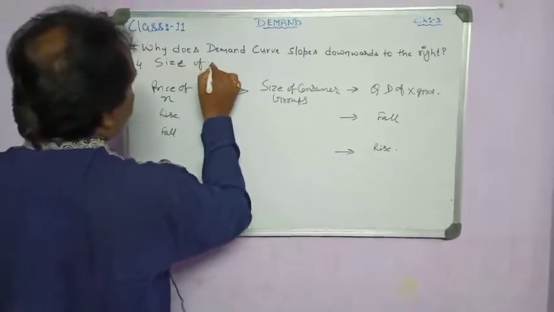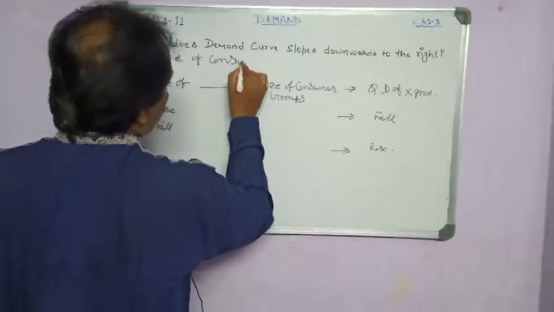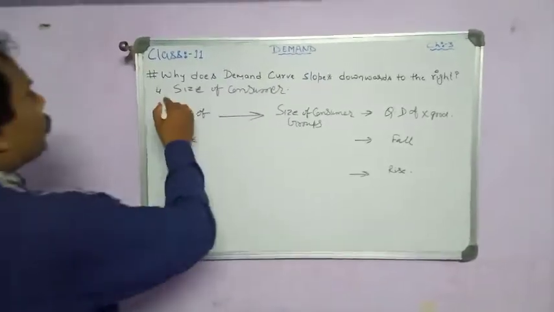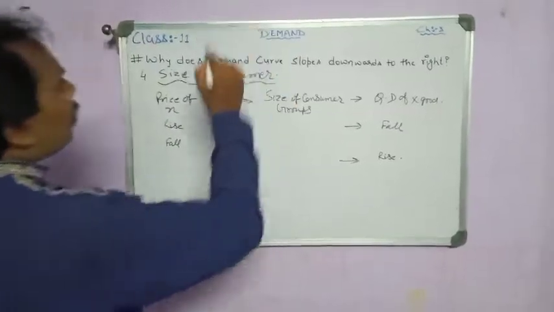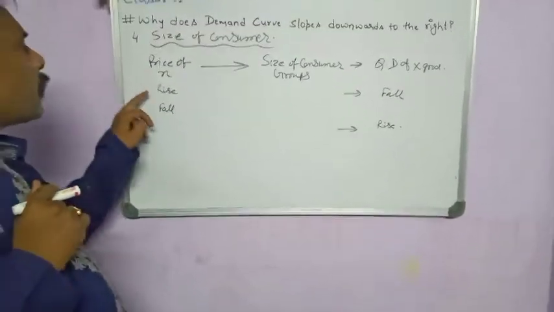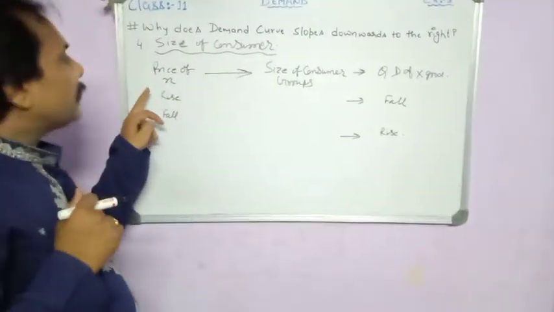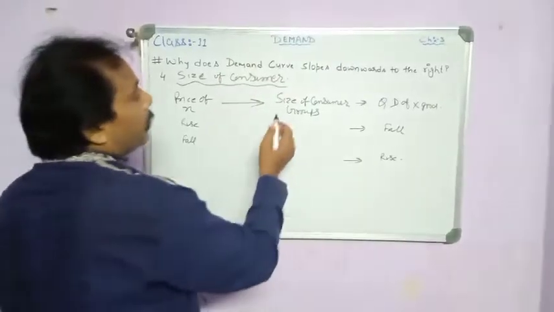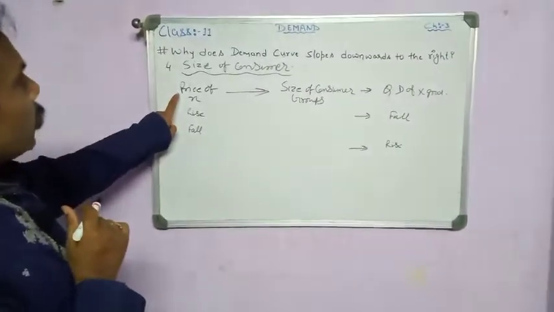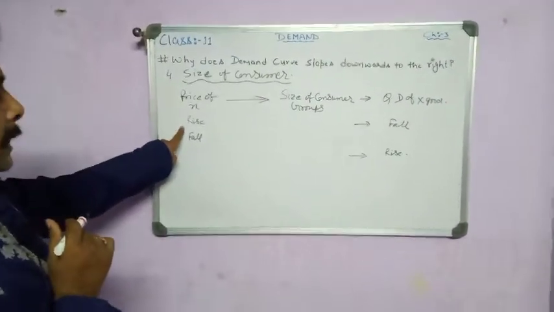Size of consumer. Is it clear? So size of the consumer. See, if the price of X commodity increases, here the size of the consumer group. So as I told you, price of X rises.